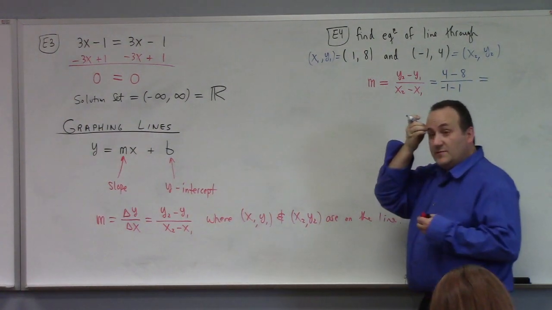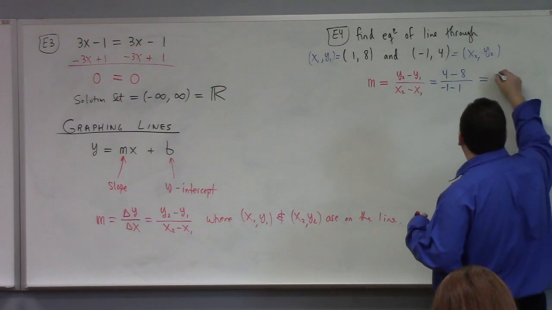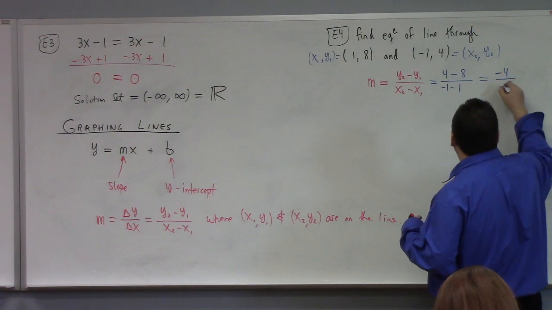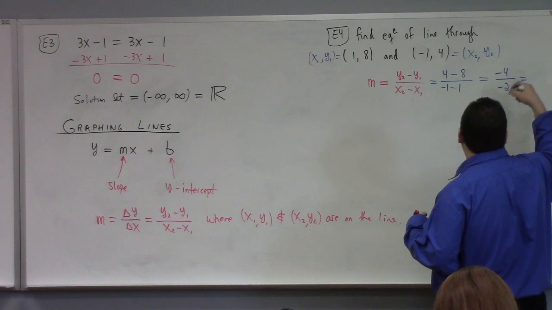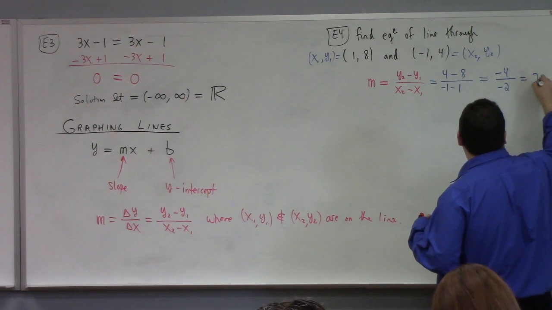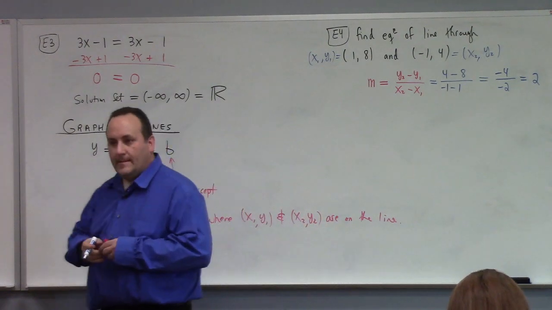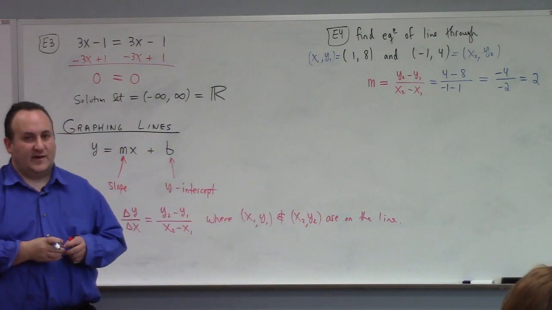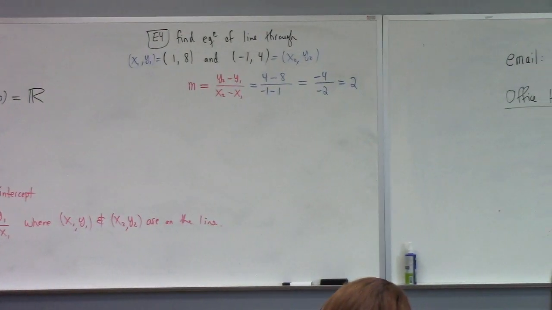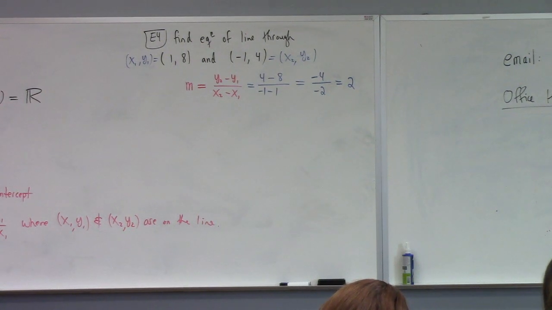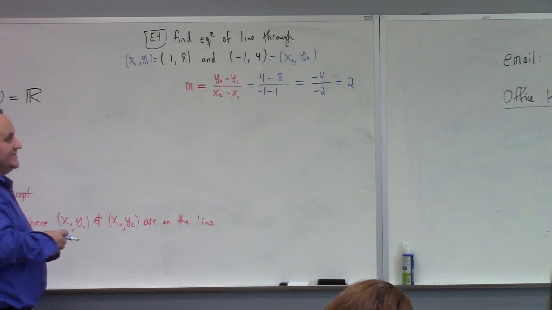So 4 minus 8 is -4, over -2, so the negatives cancel, and we're left with 2. Well, that's nice. I just made these points up, so the fact that we got an integer slope is actually kind of awesome. All right, I bet b won't be nice.